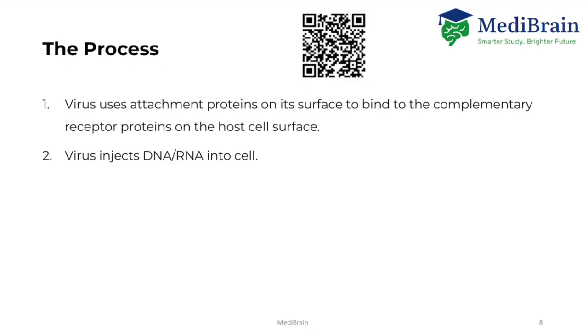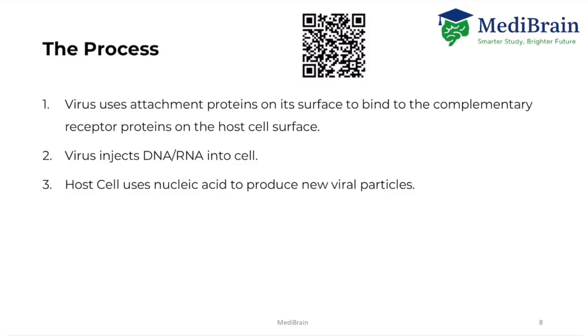And once it's taken the virus into its cell, the virus can inject its DNA or RNA into the cell. So now, instead of just normal DNA within our cell, we now have viral DNA also present within the cell. The host cell, the normal body cell, has nucleic acid, and that nucleic acid will produce the new viral particles for the virus. So that's basically what happens.